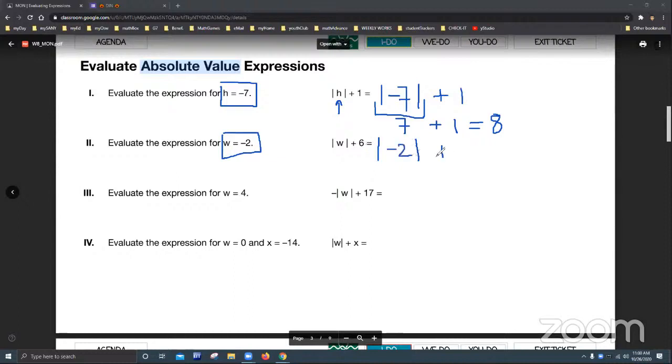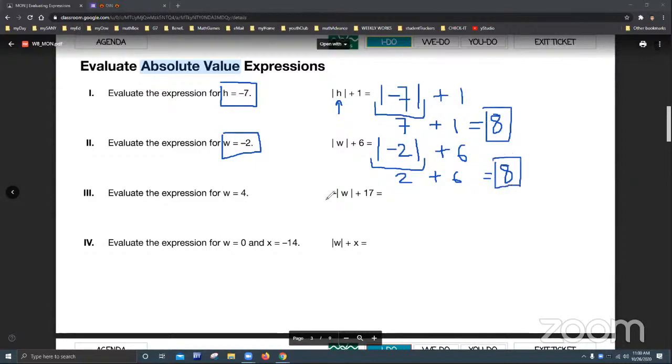And there is a plus 6 next to it, so I'm going to write it down as it is. The absolute value of negative 2 is positive 2, right? It makes it positive, and you just add the 6 to that number. So that becomes 8 again. Okay, let me put it in a box so you can see the answers clearly.